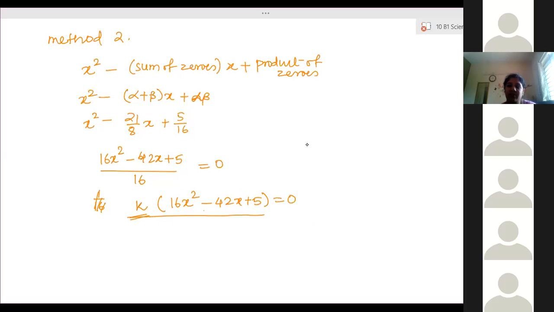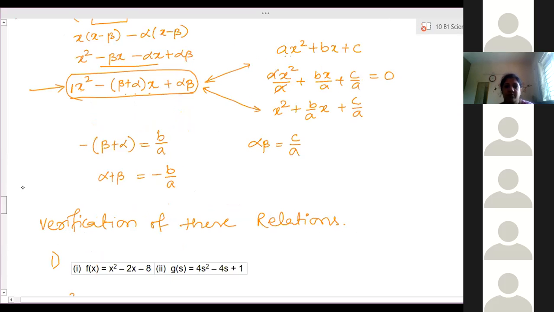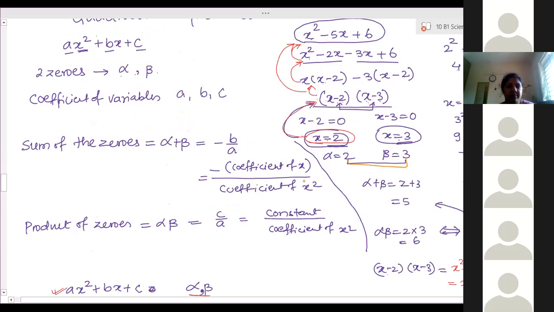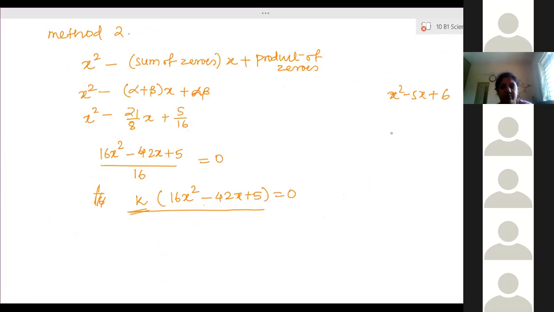Now take the example. The first example you have taken, x square minus 5x plus 6. You got the zeros as 2 and 3, right? Yes, ma'am. Now I will multiply this equation with 2. So it is 2x square minus 10x plus 12. Try to factorize. 12 2s are 24, 8 3s are 24, 6 4s are 24.